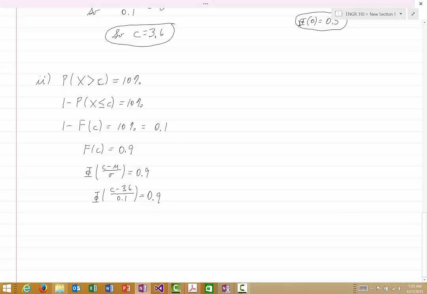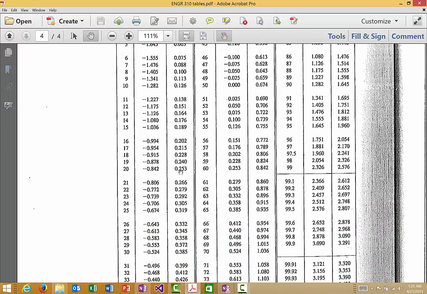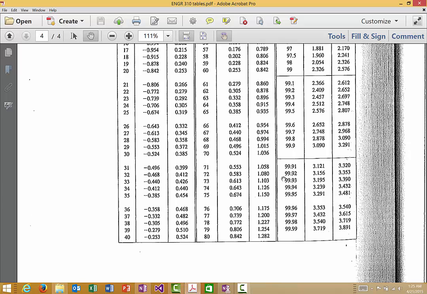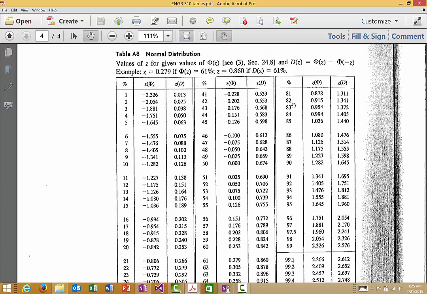And now we can use a table. Let's look here. We have phi is 0.9 or 90%, so we'll go over to this last set, and for 90% we see the z that makes phi equal to 90% is 1.282.